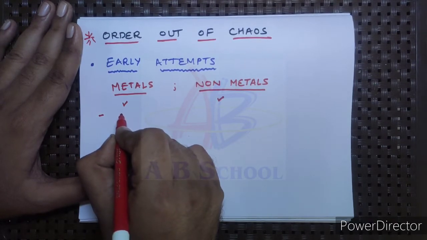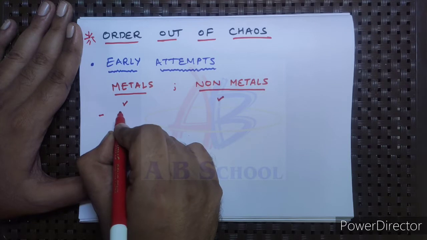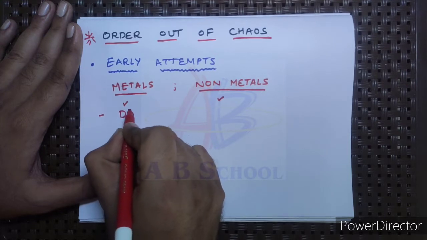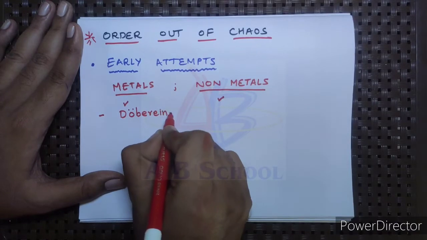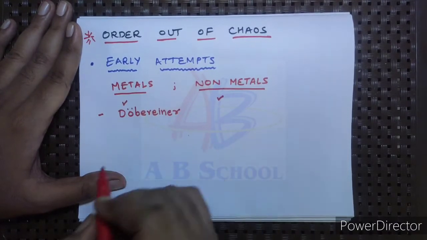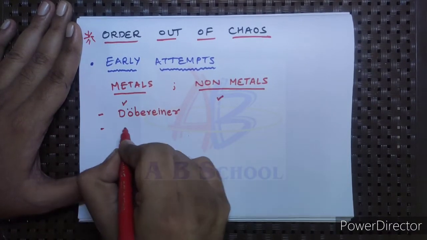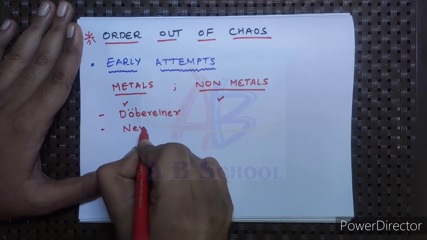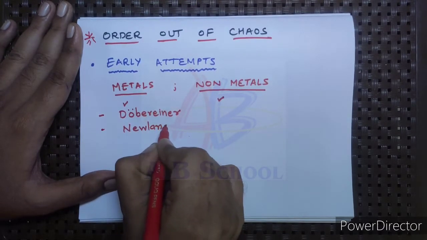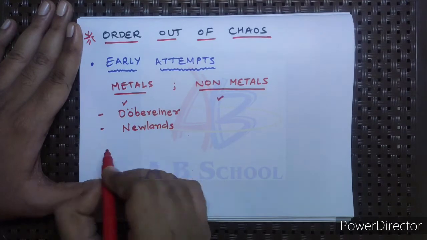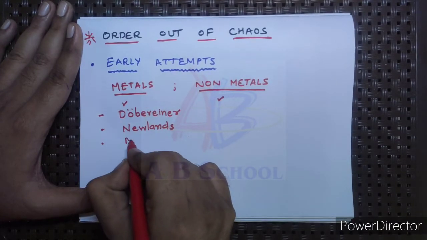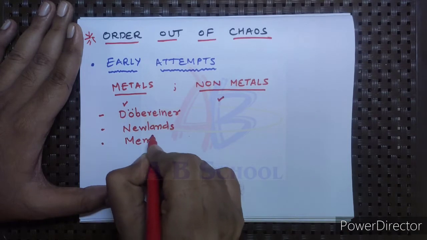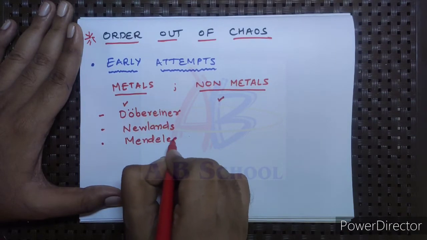The first ever notable attempt was made by a German chemist named Döbereiner. Another attempt was made by a scientist named Newlands. Another notable effort was made by a Russian chemist called Mendeleev.